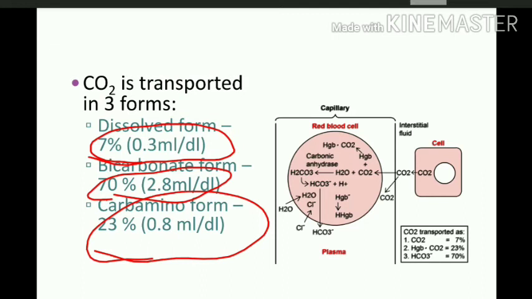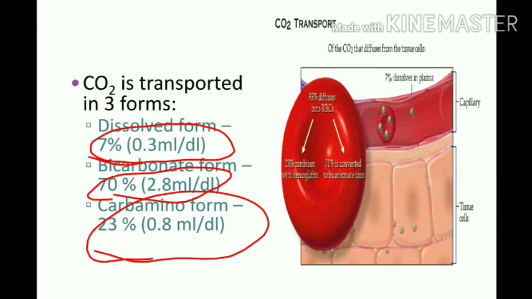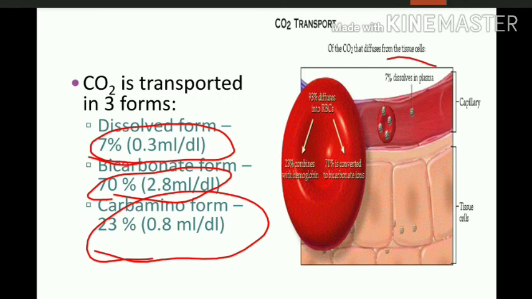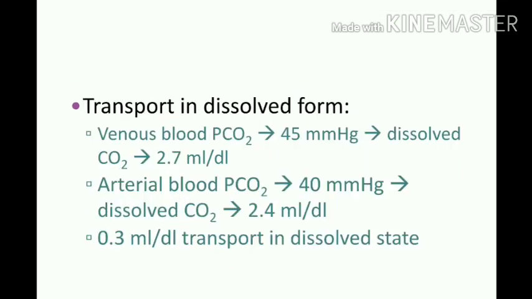Now you can again see here, this is the same thing: 7% in the dissolved form, 70% in the bicarbonate form, and 23% in the carbamino form. That is how carbon dioxide is transported. Now, starting with the dissolved form.